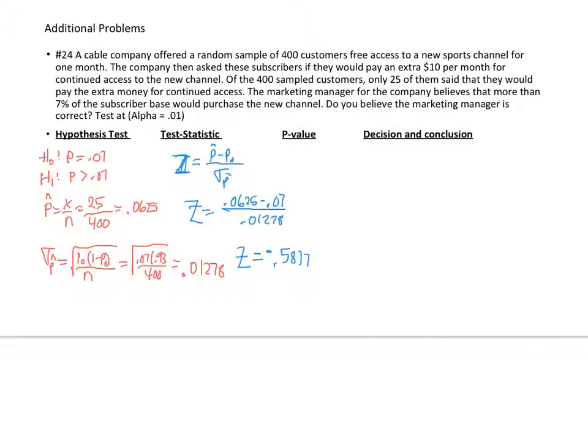and we get a Z value equal to a negative 0.5877. So now we have to calculate a p-value, and again, this is a one-tailed test, so we go to our sampling distribution for p hat. Here's p hat, and here is 0. And we're looking at greater than, and so our negative 0.59 is probably about right here.